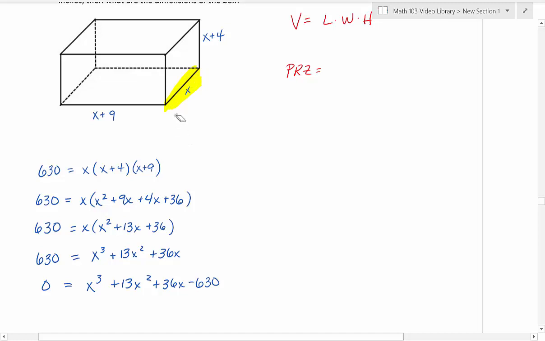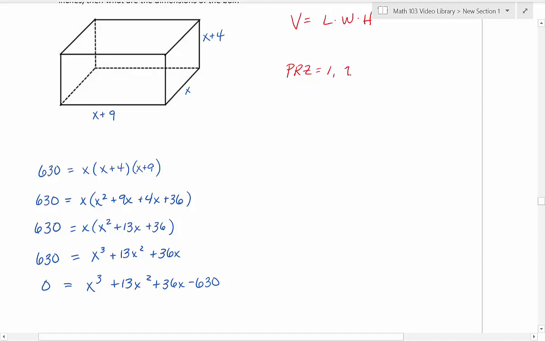When we discuss the width of a box, we only reference it as a positive number, never a negative number. Therefore, we don't need the plus or minus when listing our possible rational zeros. We only want positive numbers. So let's list some positive numbers that are factors of 630.